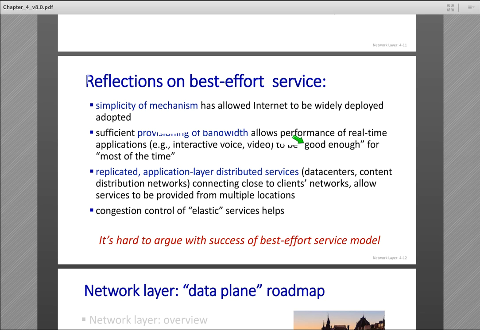By distributing the contents among different data centers or different content provider networks all around the world, the distance between the source and destination, between me and the server that I'm looking for, will be short.